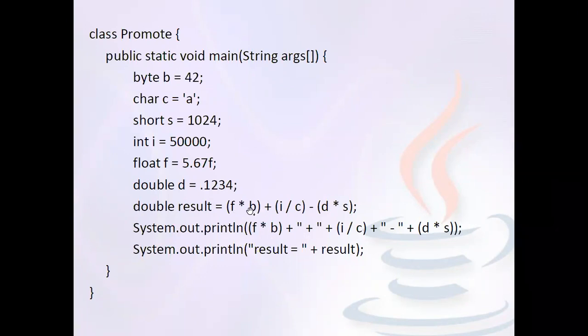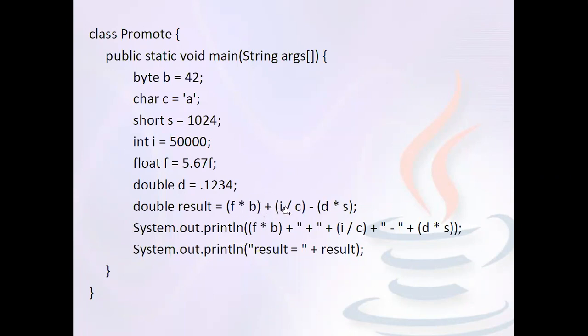So f * b: float into byte, higher type is float. i divided by c: int divided by character, higher type is int. d multiplied by the short: higher type is double. So the float and integer added will be converted into float.